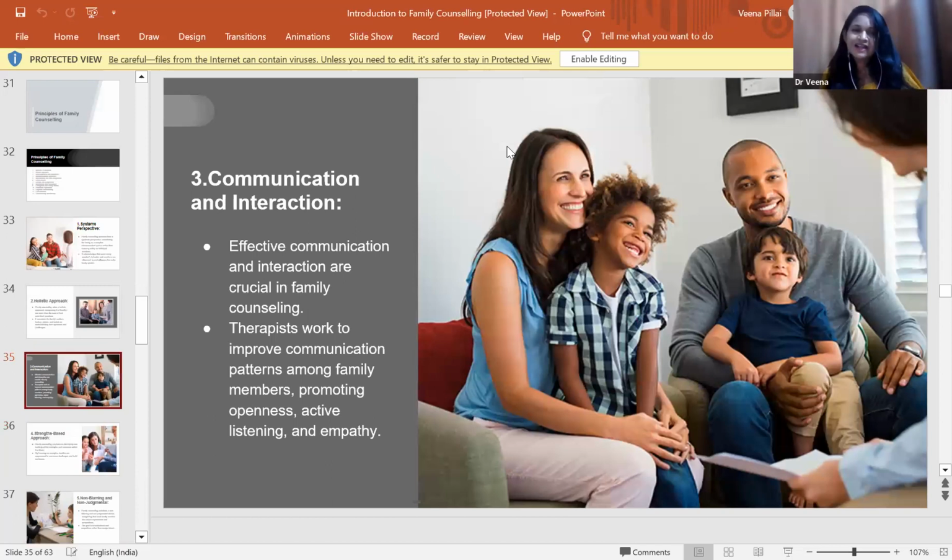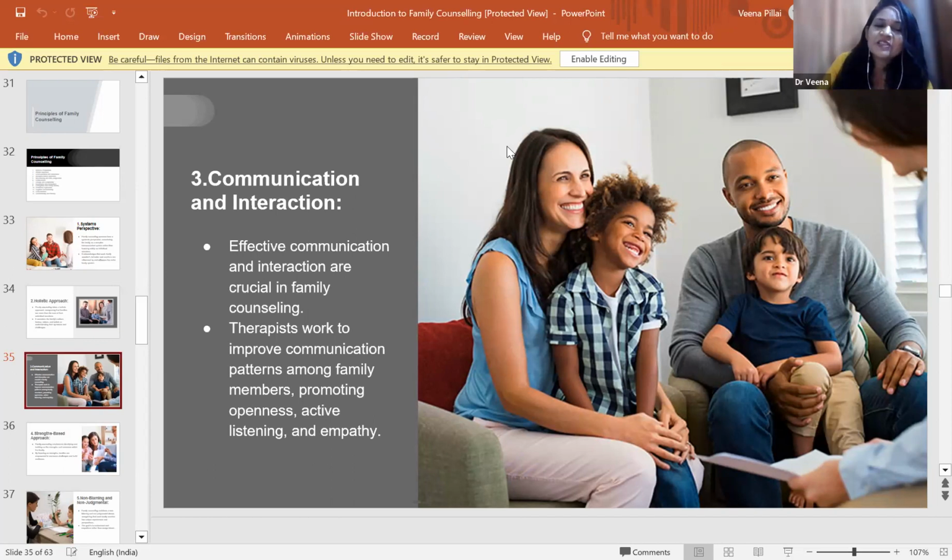So, communication and interaction. How important is effective communication in family counseling? Therapists work to improve communication and also to understand the communication pattern. Many times you could see in a particular family, none of the family members would come forward with their opinions. They don't put forward their opinions, they just listen to one member of the family. Whatever he or she says would be the ultimatum, and there is no policy of agreeing to disagree.